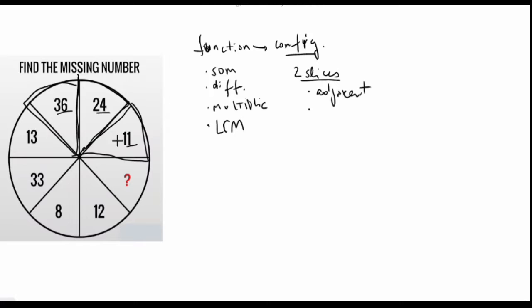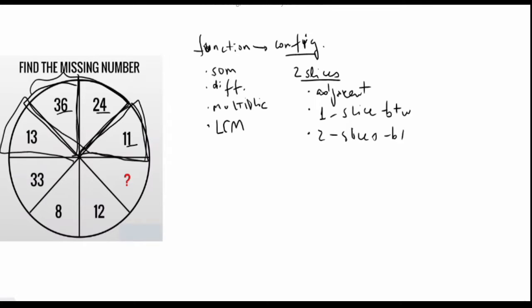And we can think of 11 and 26, or 11 and 13, for instance, when we have two slices between them. So we can have one slice between or two slices between. And the last alternative is we can think of opposite slices like 24 and 8.